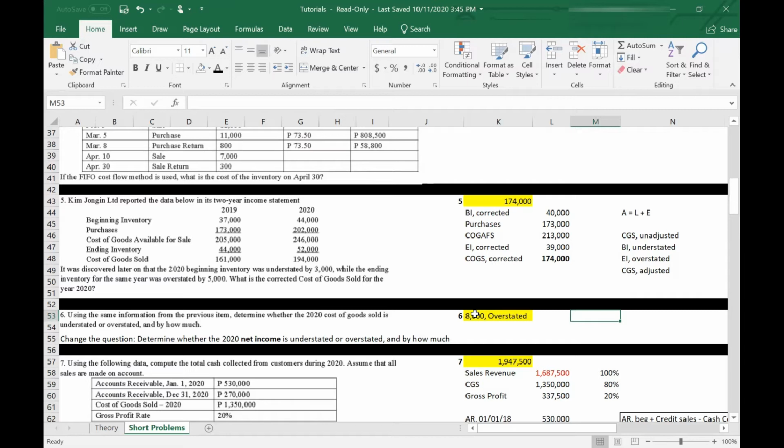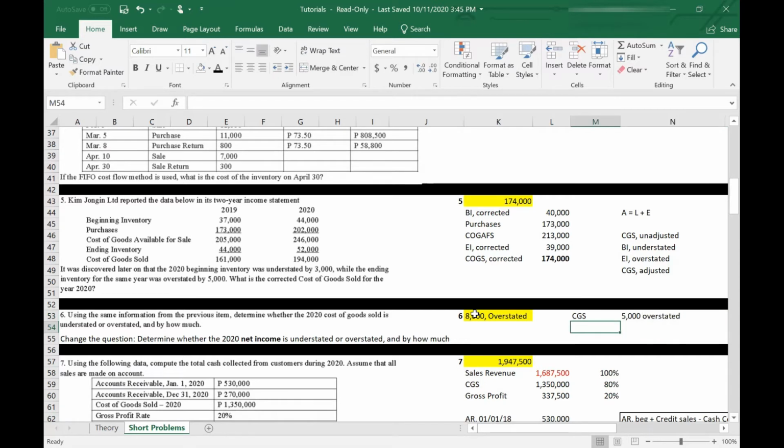Now, your ending inventory in 2019 becomes your beginning inventory in 2020. If your beginning inventory in 2020 was overstated by 5,000, therefore, your cost of goods sold is also overstated by 5,000, right? Because your beginning inventory is 5,000.